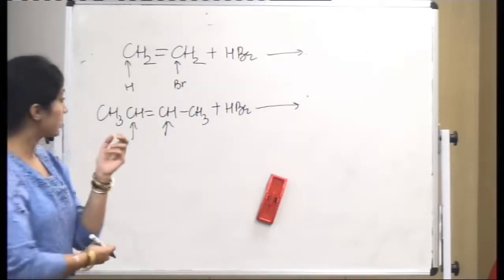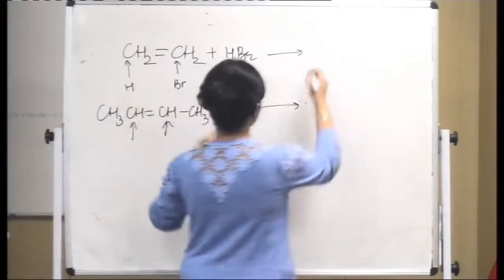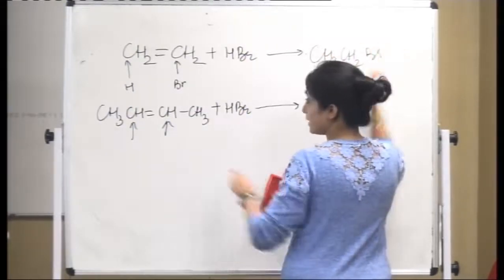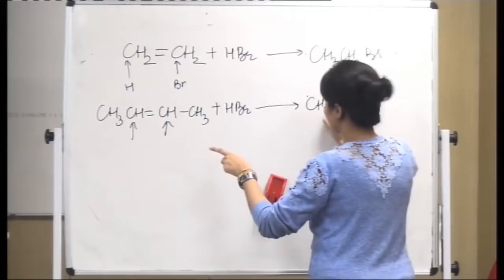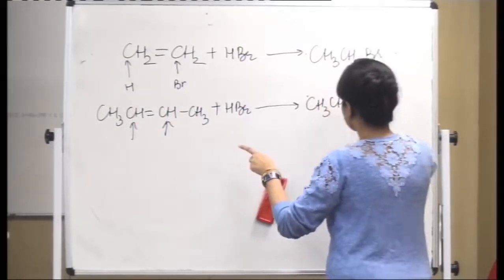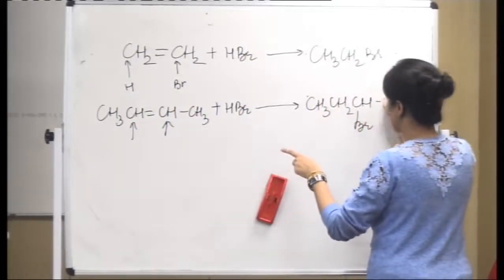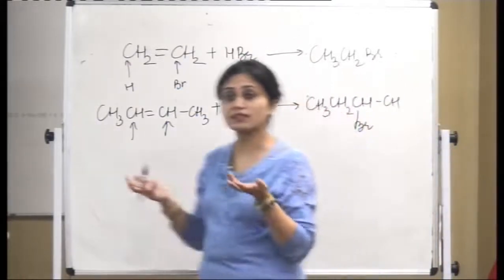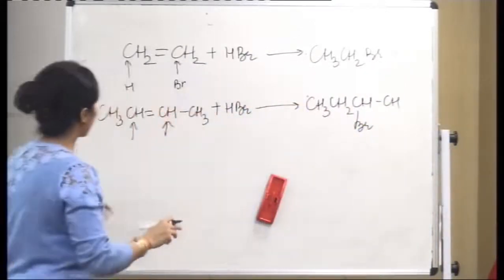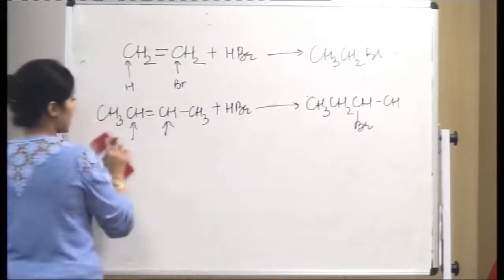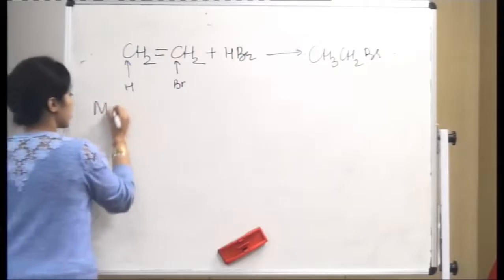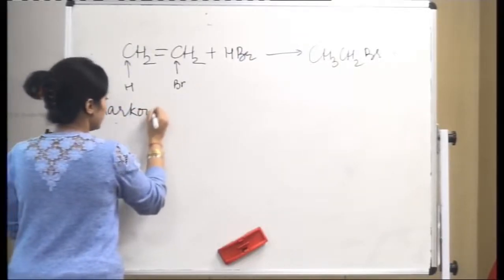In this case there is no problem because this will easily give you CH3, CH2Br, and here again you will get CH3, CH2, CHBr. The Br could have been here or here. It doesn't really matter because it is a symmetrical alkene. Now when you talk about an unsymmetrical alkene, then you talk about which rule? Markovnikov's rule.